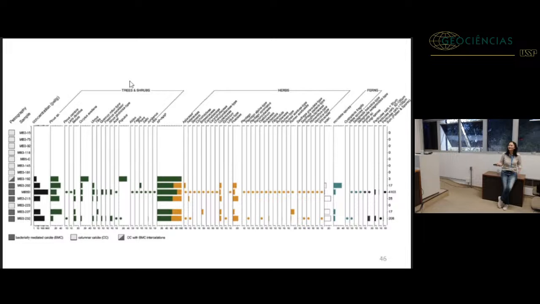Of course, they found it in the bacteria-mediated layers because we have more carbon content, more organic content in this part. And they could describe the vegetation using the pollen grains attached in those stalagmites.